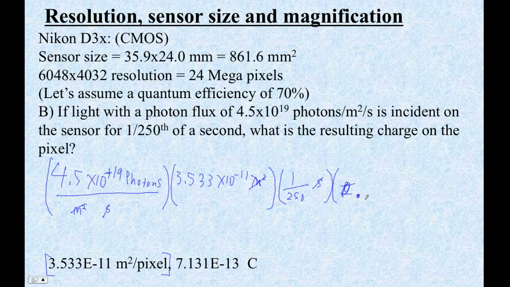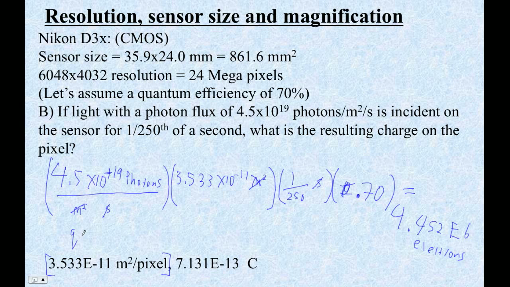So I'm going to say times 0.70. I'm going to add that into the mix. So divided by 250 times 0.7. Okay, this is going to be the number of electrons. And that is 4.452 E6 electrons, right?